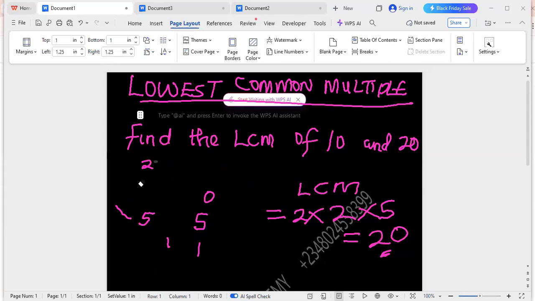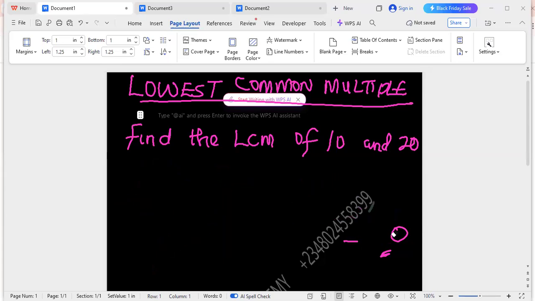For the second example on LCM, let's find the LCM of 6 and 15. This is number 2. Find the LCM of 6 and 15.